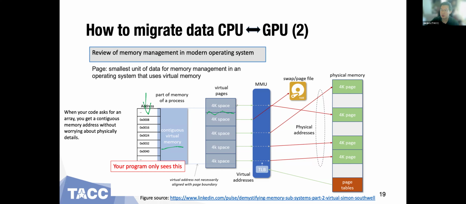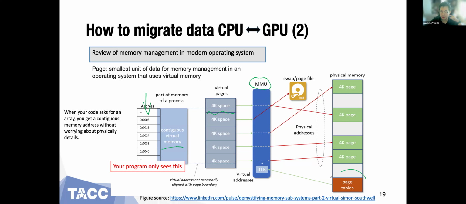Even if you just ask for 1 byte of data that is allocated on a page, and if you want to move that 1 byte, that entire page needs to be moved. And the operating system and modern processors all have a memory management unit that translates the virtual memory space to physical memory space.